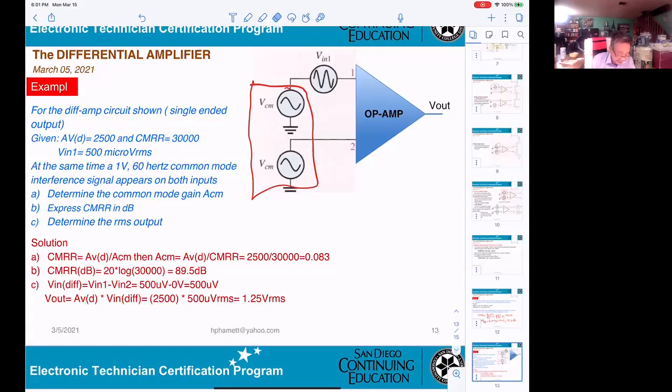Given AVD 2500 and CMRR 30,000. Vin1 equals 500 microvolts RMS. At the same time, a 1 volt 60 Hz common mode interference signal appears on both inputs. So basically, this is the 1 volt 60 Hz.